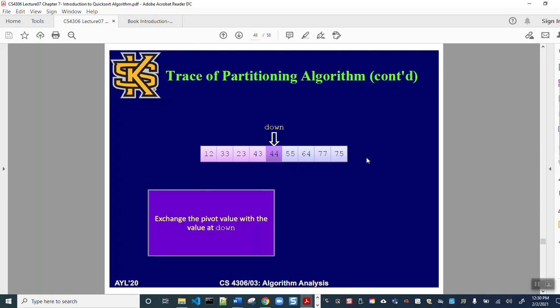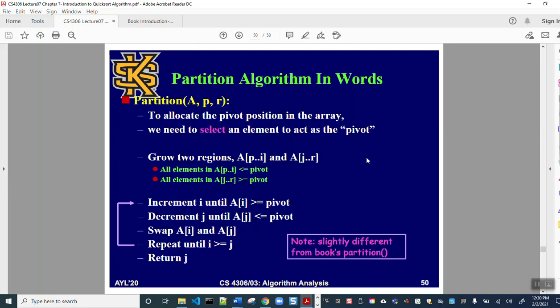So up is going to 55, and 44 is down over here. I'm going back to that algorithm. Actually, this is the process. If my array is given as A, P is the pivot element, and R is the size, how do we split them?